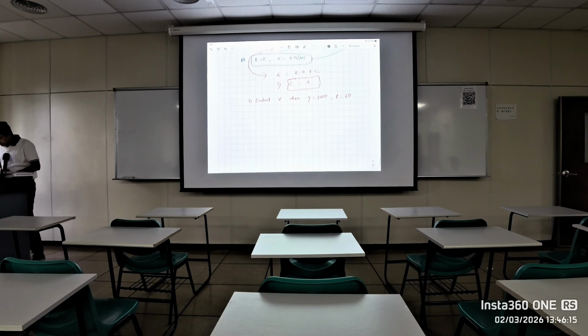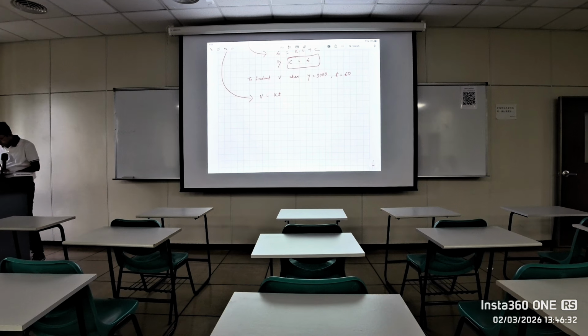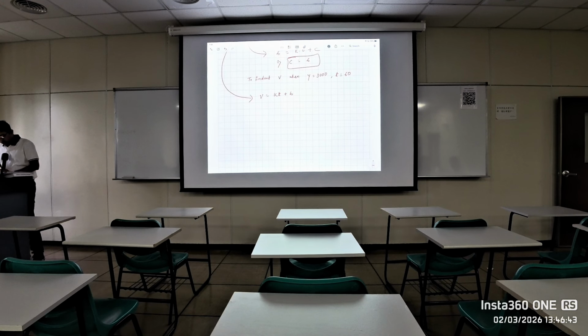So let's begin with v is equal to kt plus c. Now this we can write as v is equal to kt plus 6, because we know the value of c, that is 6. But what is this v now? I can write this v as dy by dt, distance by time.